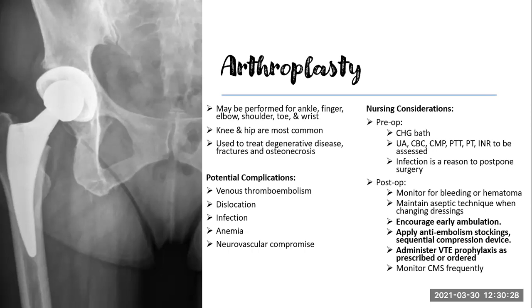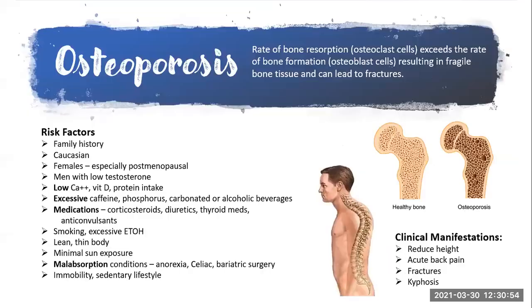SCDs, sequential compression devices, those little boots we put on people's ankles and feet, need to be used. And of course, we need to be monitoring CMS, which I'll talk about in a minute. Circulation, motion, sensation. This is your neurovascular assessment, and it needs to be assessed frequently.